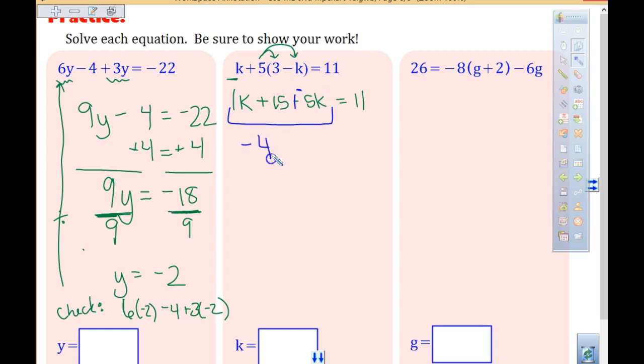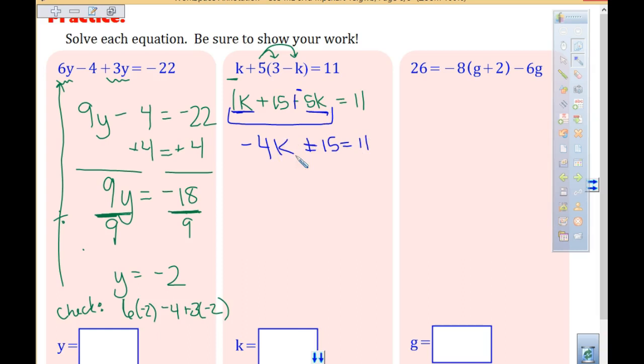That is negative 4K. You are not adding 5K to 1K. These are on the same side of the equal sign. We're rearranging those. So I have this negative 4K, plus 15 equals 11.